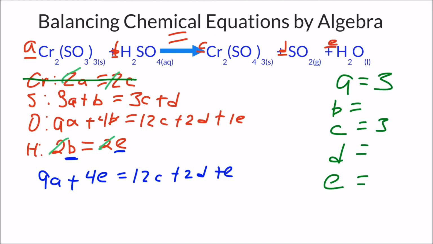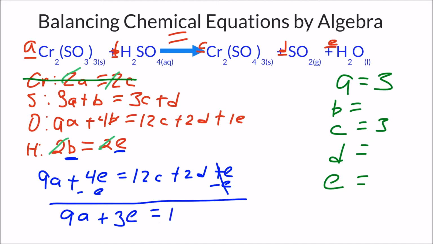So I've gotten rid of the B variable in there, and now let's see, I can subtract an E from both sides. So that gives me 9A plus 3E equals 12C plus 2D. And you're like, okay, but now you only know one thing and you have three unknowns in that equation now. That's alright. We're going to do another little algebra trick here.